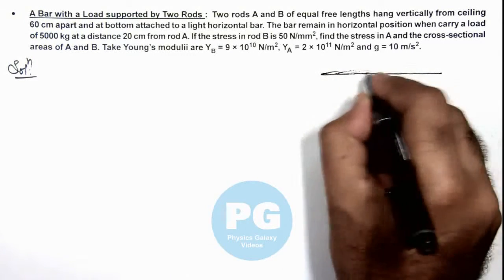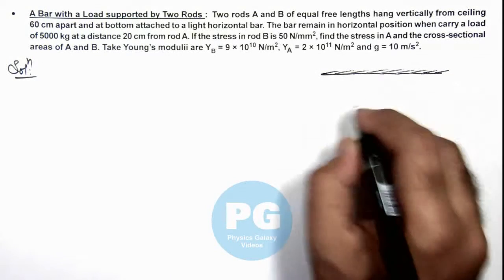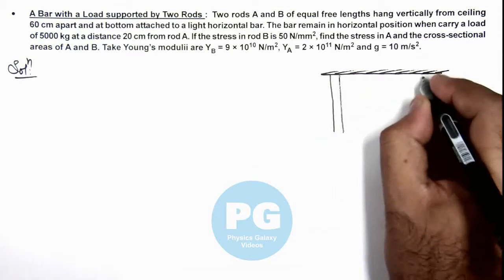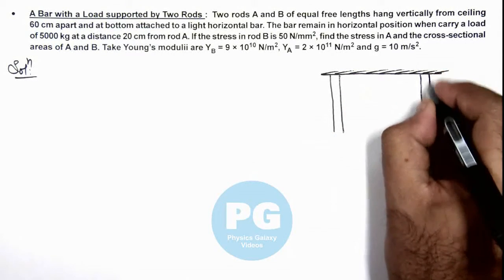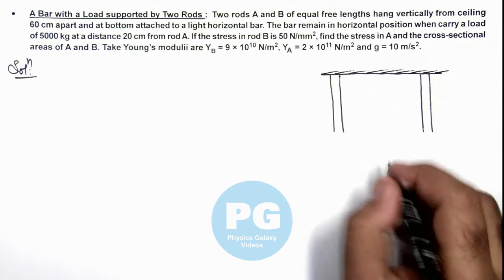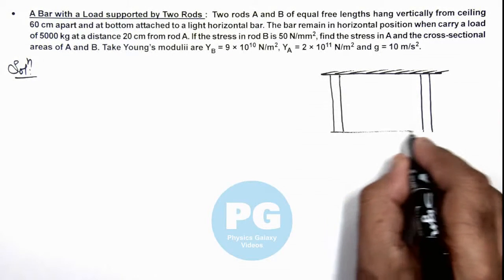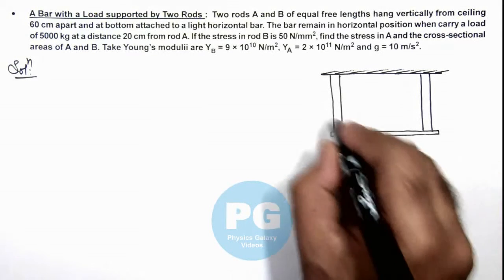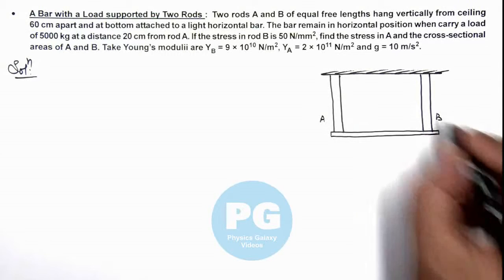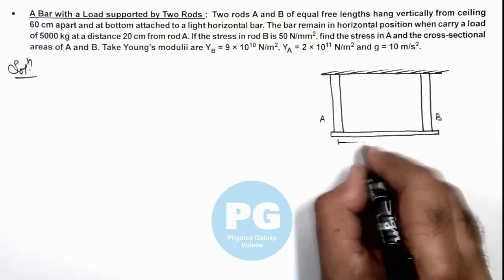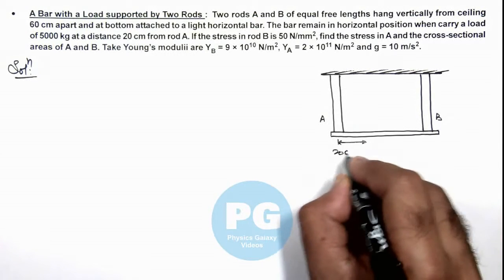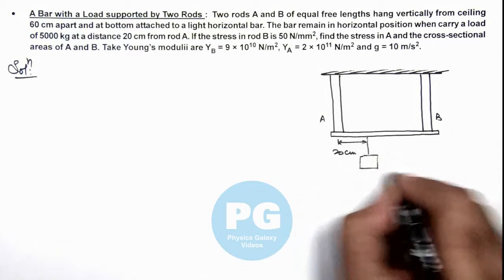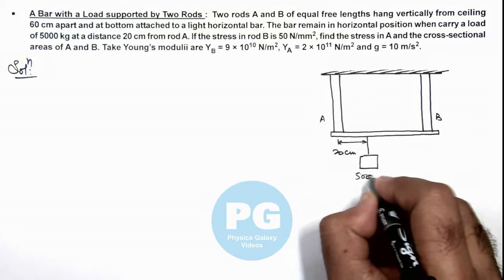If this is the ceiling from where two rods are vertically suspended in the manner I am drawing here, and at the bottom they are supporting a light horizontal bar. Say this is rod A and this is rod B, and at a distance 20 cm from A, we have attached a load of weight 5000 kg.